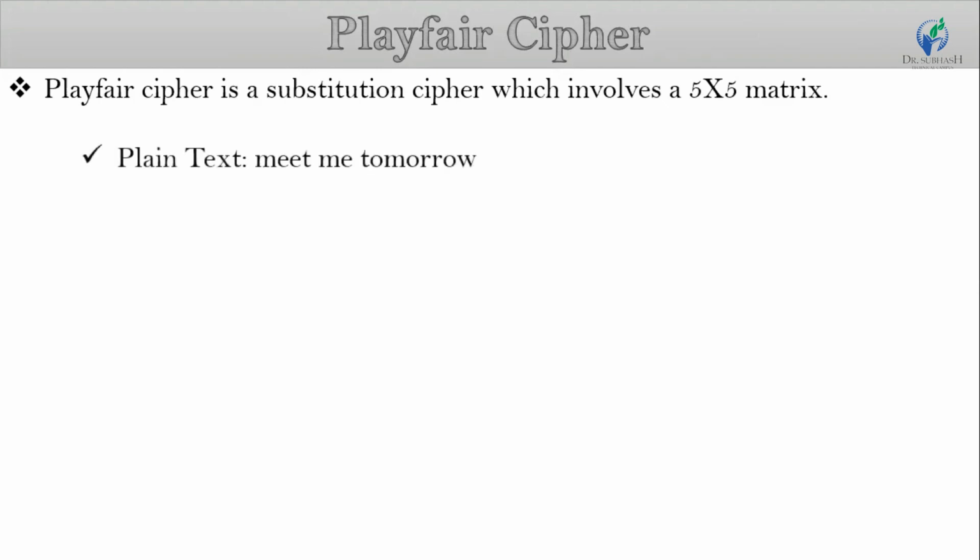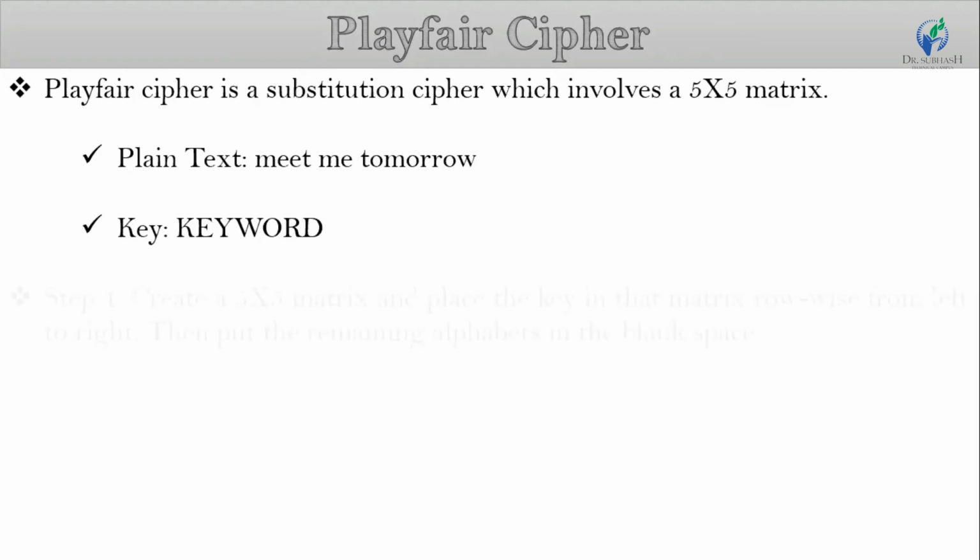The plain text is meet me tomorrow. Now in Playfair, first we have to use a key. So the key is keyword. Now we have to convert this plain text to ciphertext using the given key. We will discuss the further process in steps.